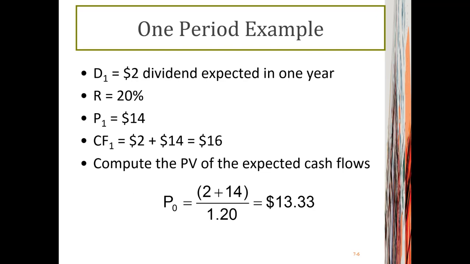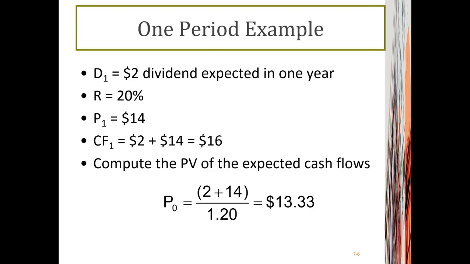And here we use the cash dividend discounting method to get a stock price estimation. First of all, we look at cash flows that we can receive in the future year. And here there are two shots of cash flow. The first one is the $2 dividend. The other one is the future stock price, which is the $14. In total, the cash flow that you are going to receive is $16.